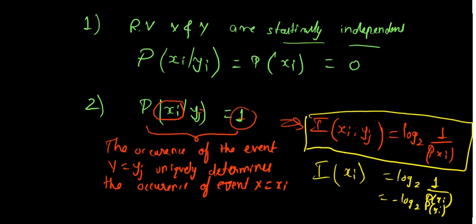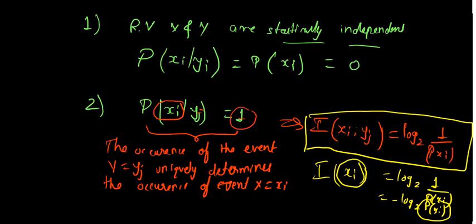This is called the self information, that is, the information of xi with itself. What is the information that we are getting when event xi is happening? That's why it is called self information.